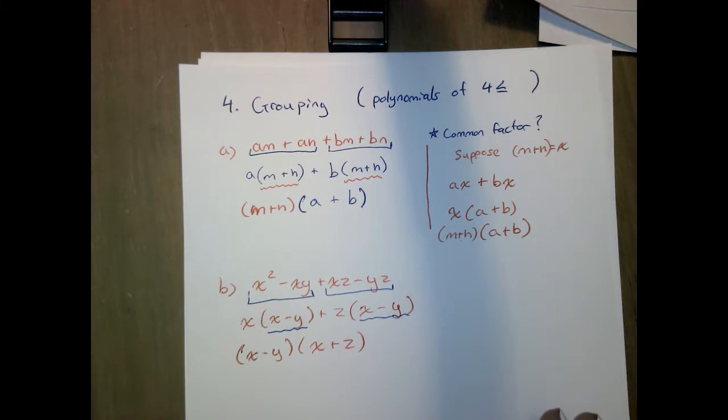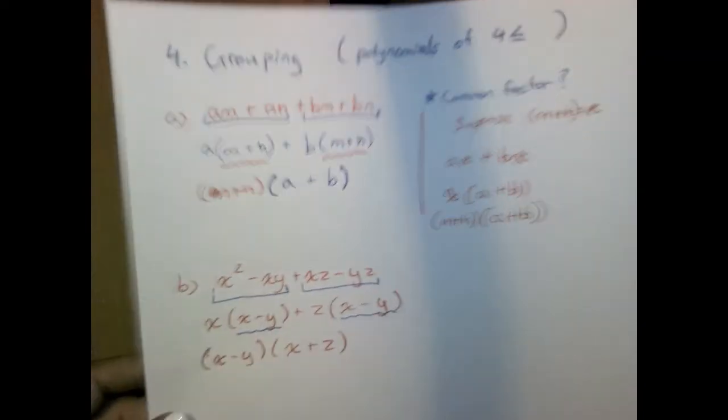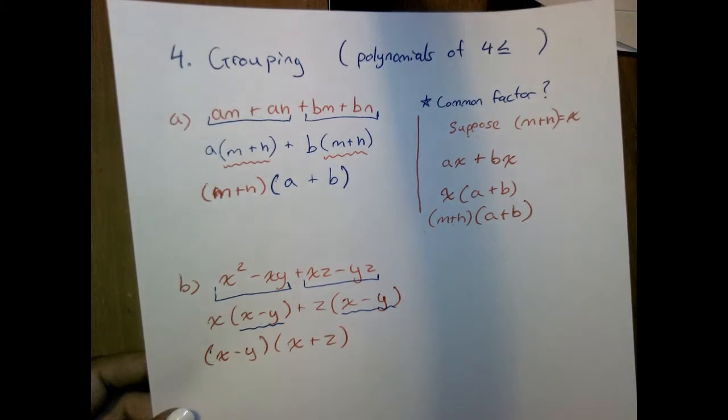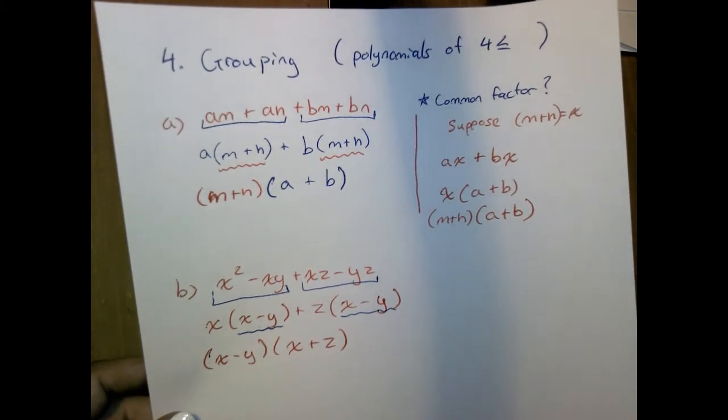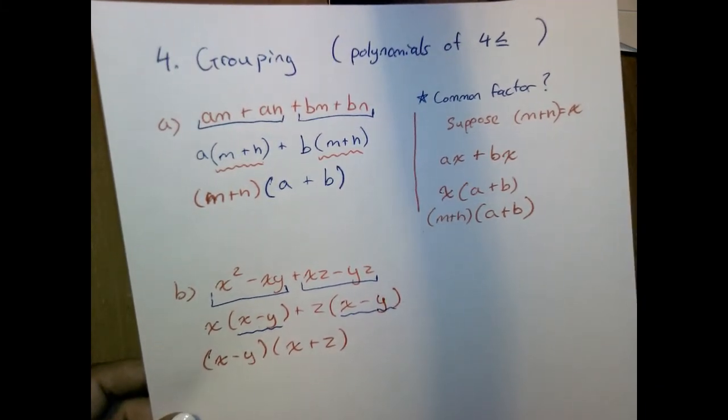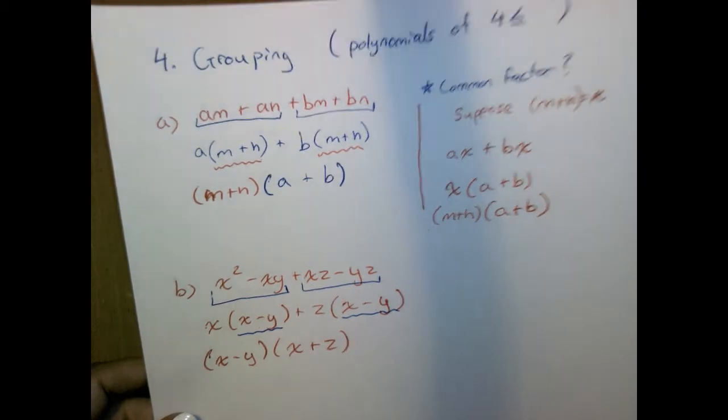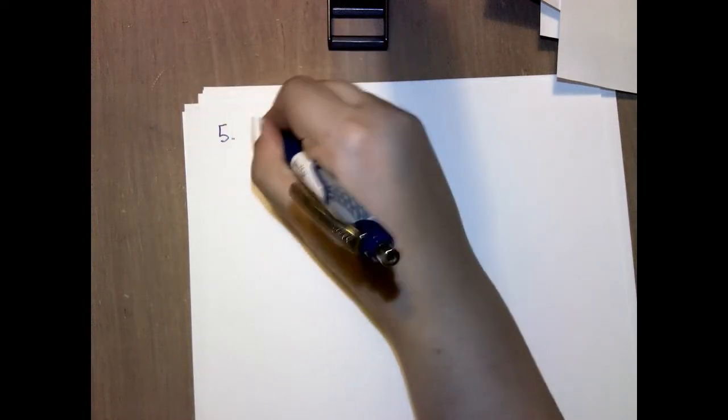I'd be glad to go over them, see if I can address them to really make sure that you guys are understanding this particular step, because this is crucial to learn how to factor by decomposition. So let's look at some examples of factoring by decomposition.